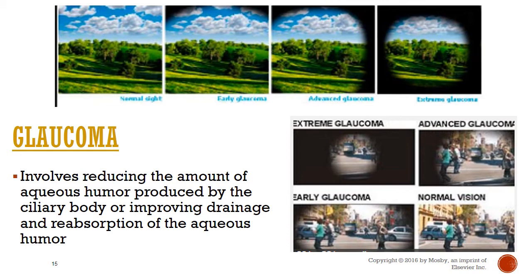So we give drugs and drops to treat glaucoma in a variety of different ways through a variety of different mechanisms to control that outflow of the fluid in the eye. For the purpose of this lecture, all I want you to know right now is that the fluid builds up in the eye, causes pressure, and we have to try and control that.